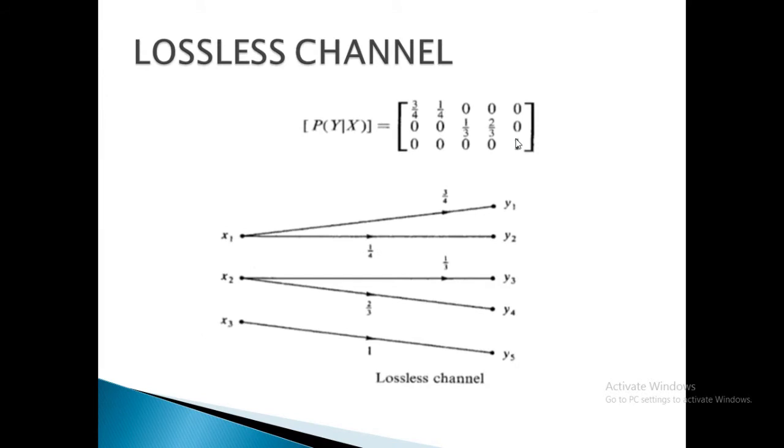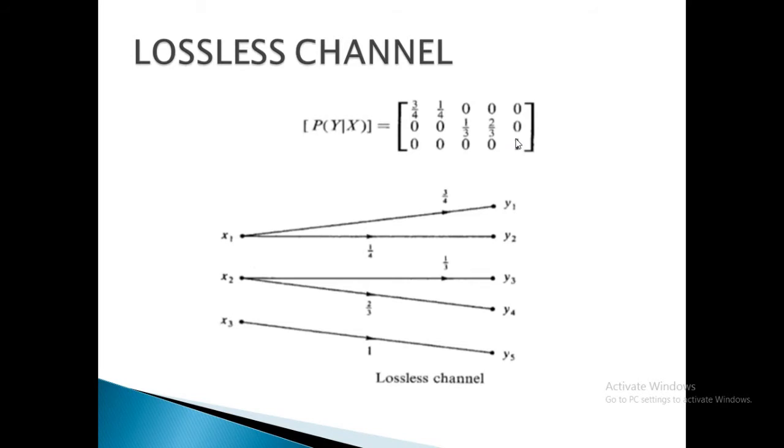Lossless channel. In a lossless channel, every column of the channel matrix consists of only one non-zero element. Then it is called a lossless channel. In this lossless channel, we have 3 inputs and 5 outputs. Here x1 is the input and y1 is the output. The probability of transmitting from x1 to y1 is 3 by 4, and the probability of transmitting from x1 to y2 is 1 by 4.